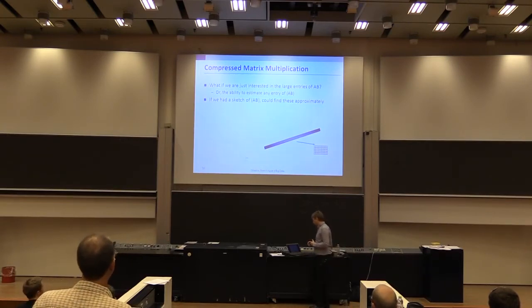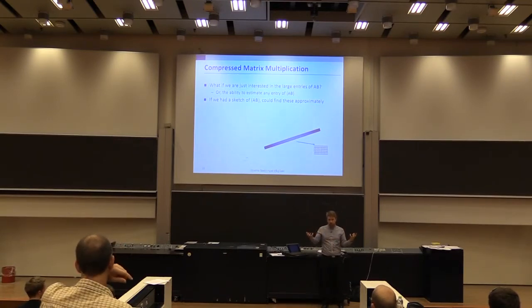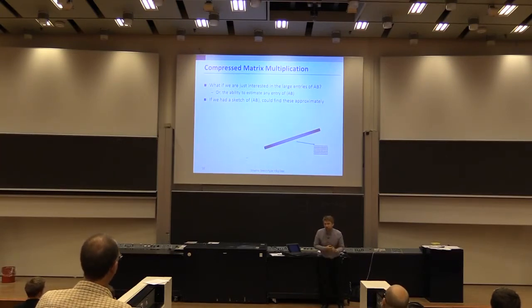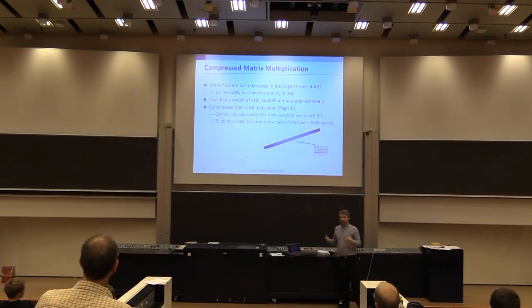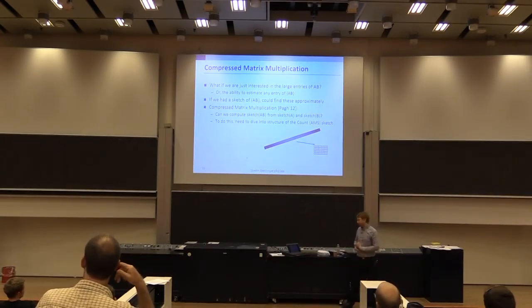So can we look at matrix A, look at matrix B, and combine some summary of those to get some summary of the product AB? Ideally, we'd build a sketch of A, build a sketch of B, and compute something that looks like a sketch of AB.